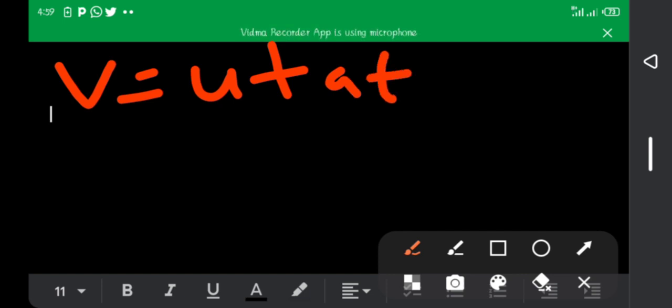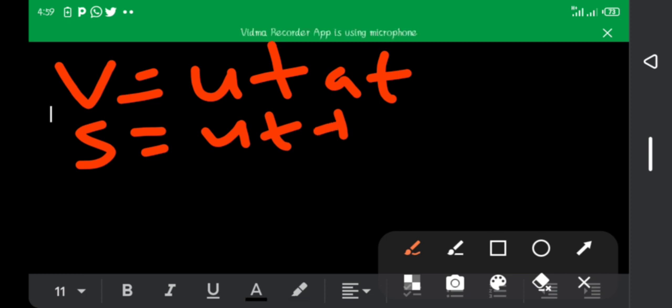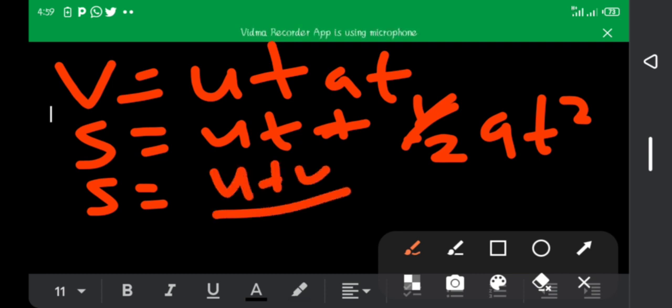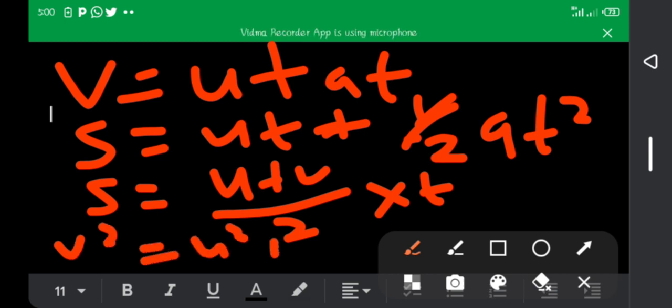The second is s equals ut plus half at squared. The third is s equals u plus v all over 2 times t, while the last is v squared equals u squared plus 2as.